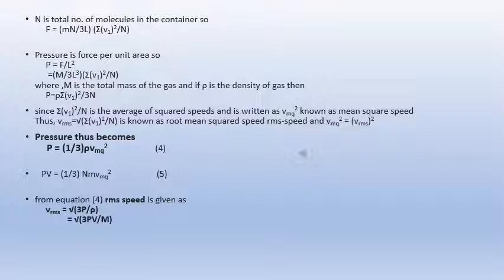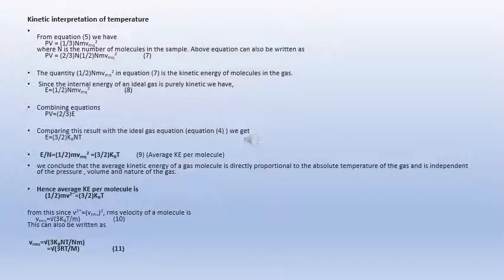The kinetic interpretation of temperature. Now, from the previous equation, we had P is equal to 1 by 3 rho V square, or we can also write it as PV is equal to 1 by 3 n m V square, where n is the number of molecules.